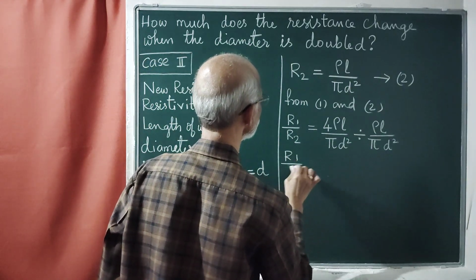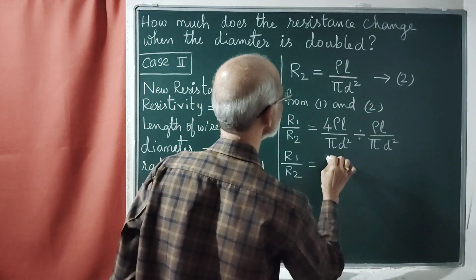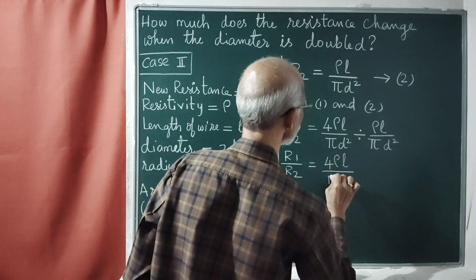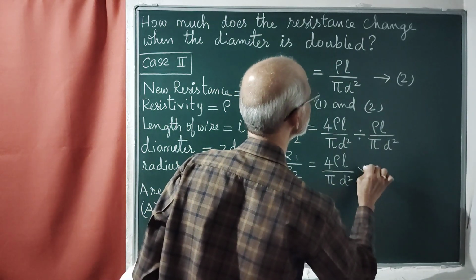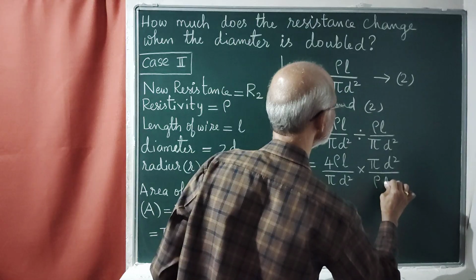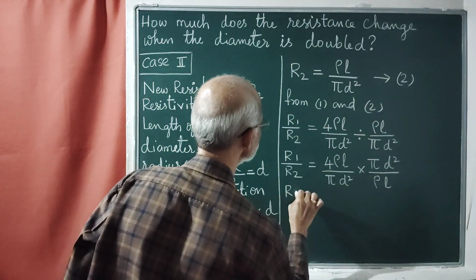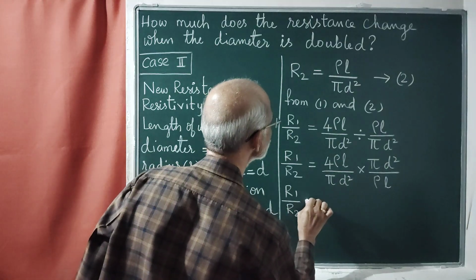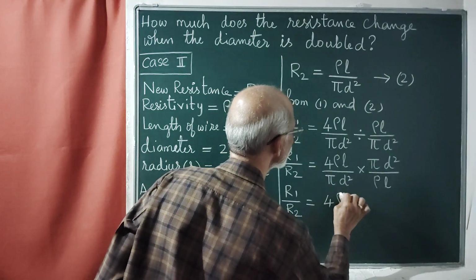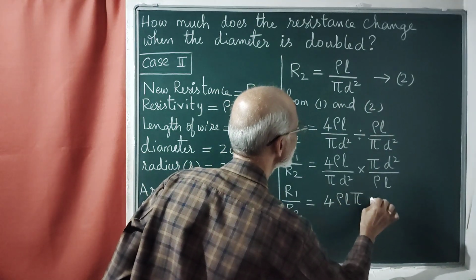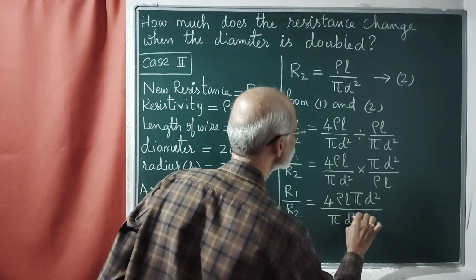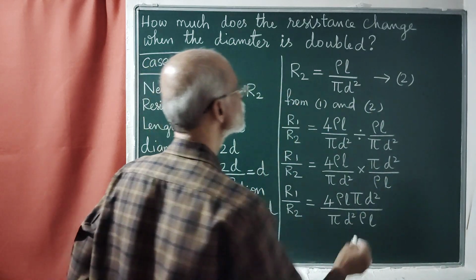So R1 by R2 equal to 4 rho L by pi D square into pi D square by rho L. R1 by R2 is equal to 4 rho L pi D square divided by pi D square rho L. So here this will get cut.